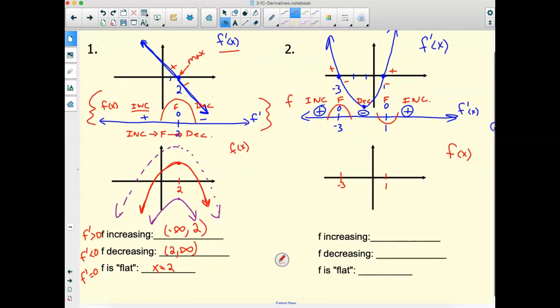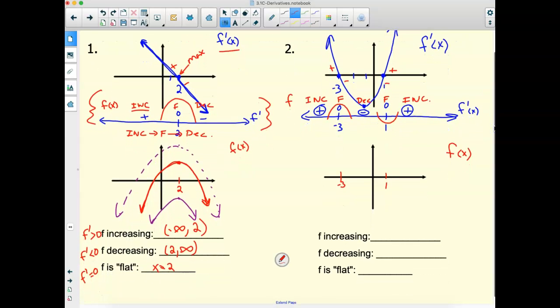Well, let's just check this out. F prime, when is it increasing? Well, when I look at this little bugger, it's increasing from -infinity to -3, and then from -3 to +1, I'm increasing, and then from +1 to infinity, I'm increasing again, and f is flat at x equals -3 and x equals 1, okay?